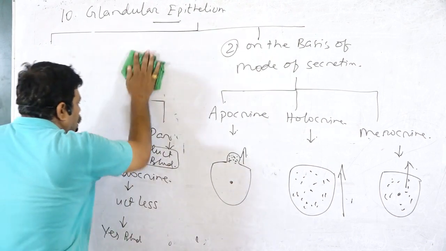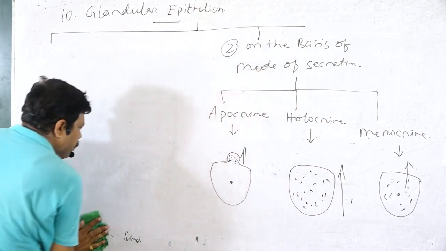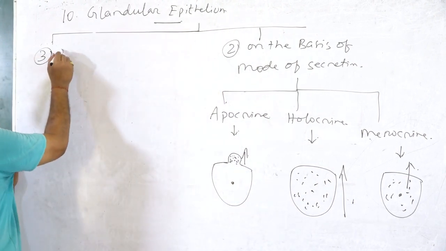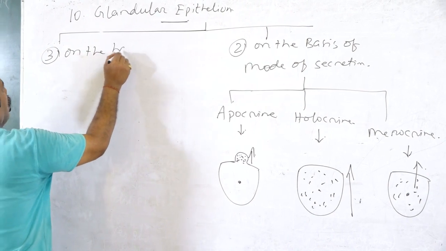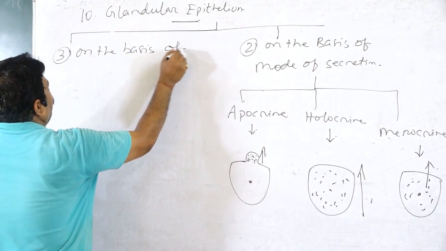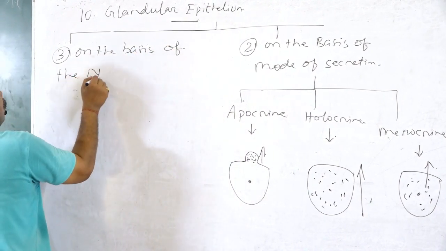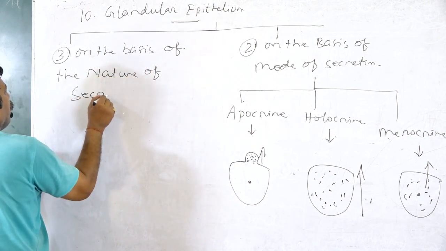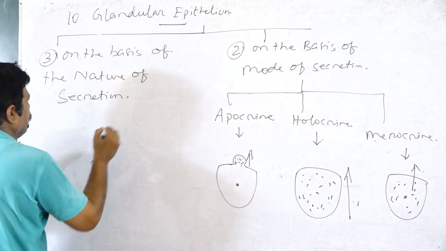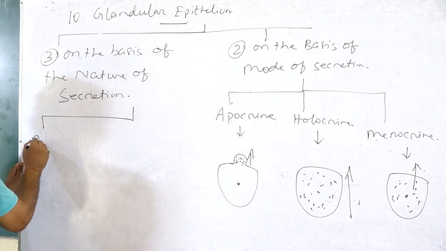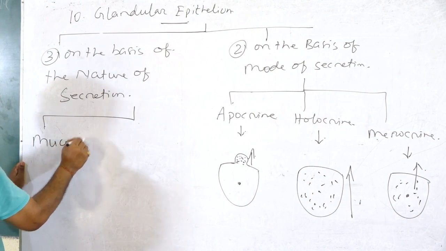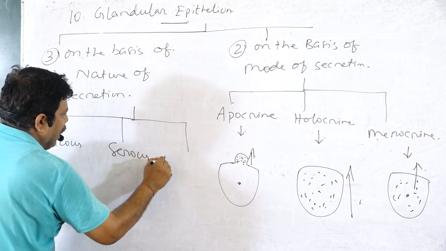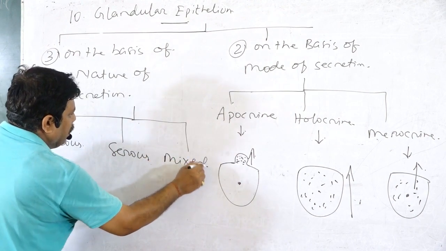Then number 3, on the basis of the nature of secretion: mucus gland, serous gland and mixed gland.